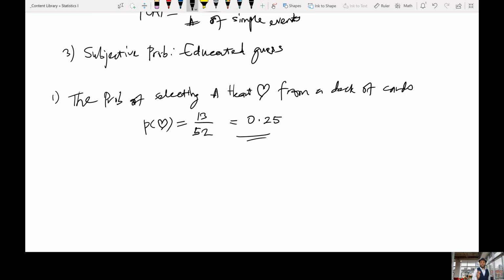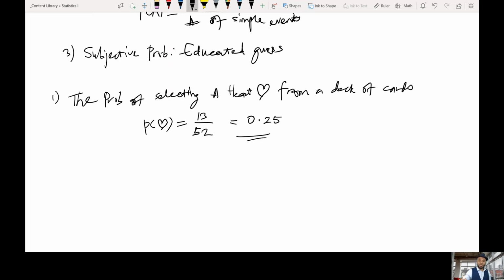Now, is this a classical probability? Is this an observed probability? Or is this a subjective probability? What type of probability is this? Clearly, you didn't observe me conducting any experiment, or doing anything. So this is based on what should happen.